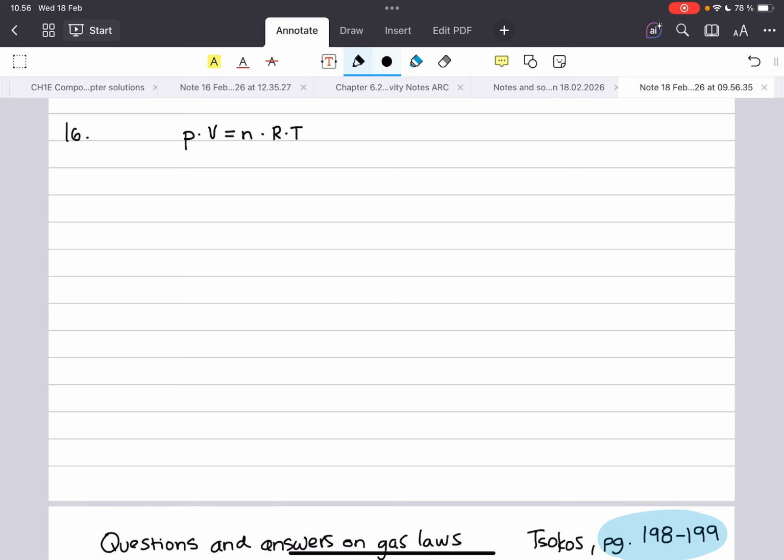Let's work with one of the containers. So P1 times V1 is going to be N1 R T1. And I will isolate N1 here. N1 will be P1 V1 divided by R and T1.